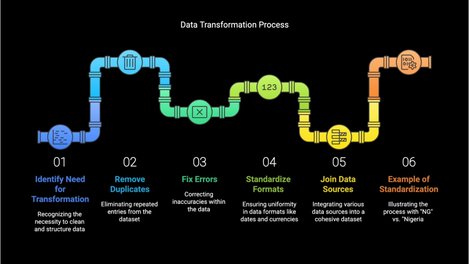So in the transform step, we clean the data. We do removal of duplicates, fixing errors, standardizing formats such as converting dates and currencies, and then we can also join different data sources. And for this transform stage, we use tools like dbt, Apache Spark, Python, and SQL.